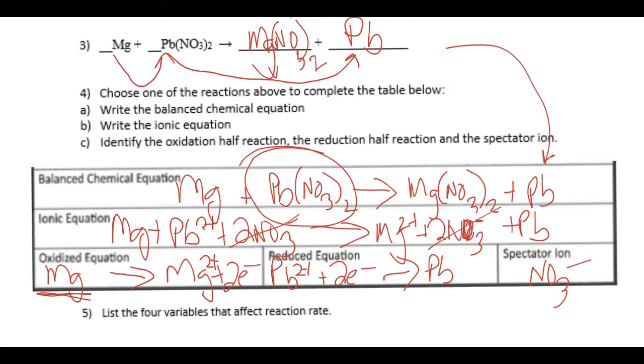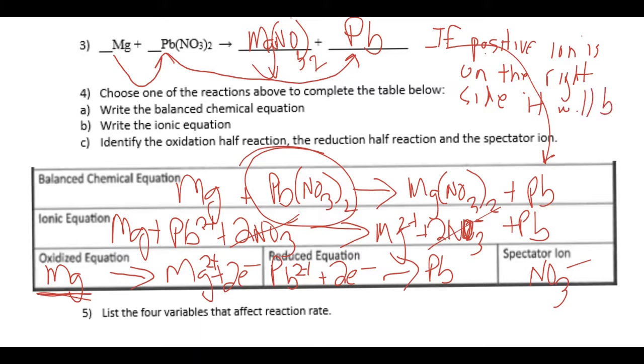All right, so a note that you could possibly make that would be helpful to you is if a positive ion is on the right side, or the product side, it will be oxidation.